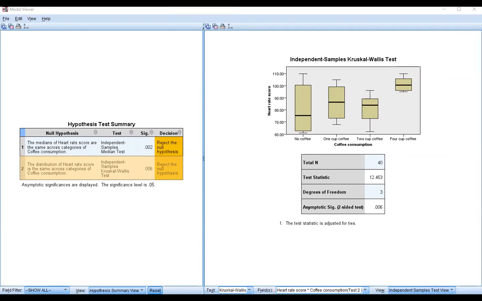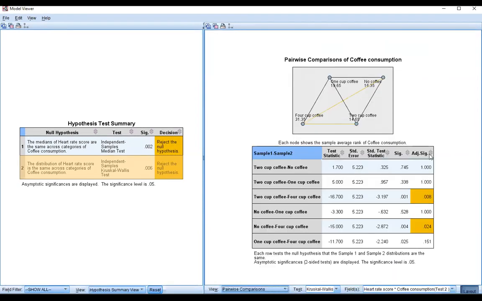Now I am checking multiple pairwise comparison. In a pairwise comparison, I compared 4 groups, three pairs. Here we do not need to do post hoc analysis, by default it will give us. One is no cup coffee with 1 cup coffee, the difference is not significant. No cup coffee with 2 cup coffee, the result is not significant.